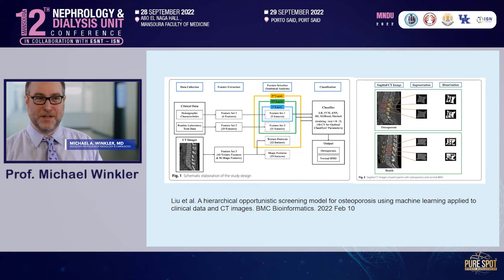Radiomics is the process of extracting as many features from imaging data as possible. These features can then be tried individually, in groups, or in total as training sets for AI algorithms. As you see here, this has been performed with promising success by at least one investigative group to estimate fracture risk.